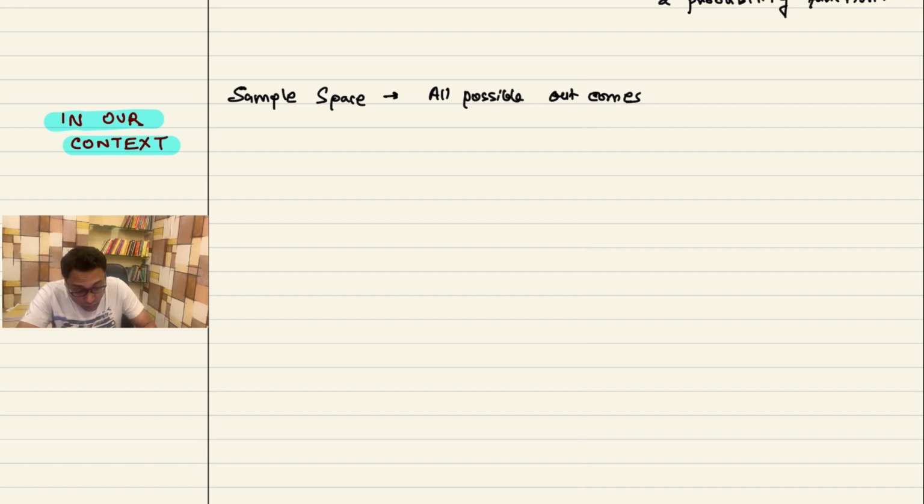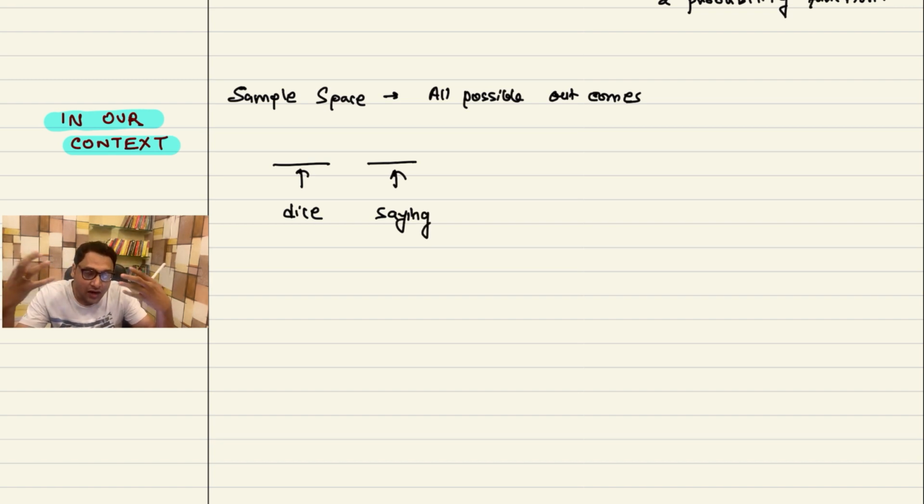well, there are two things happening. He is rolling the dice, so whatever the actual outcome is, and he is saying something. The dice gives some number as output, and he's actually reporting something.